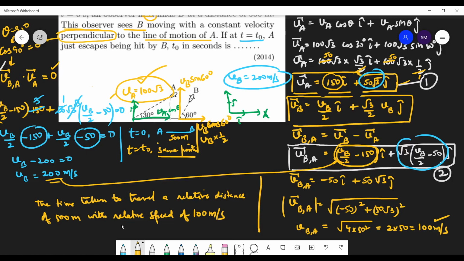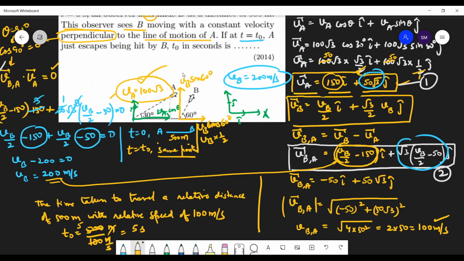So T naught is equal to distance upon velocity. So the distance is 500 meters, velocity is 100 meter per second. So meter cancels out, obviously time is in seconds. So this is 5, so the time is 5 seconds.